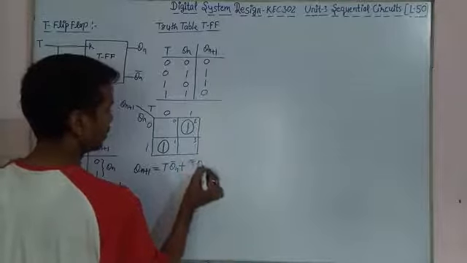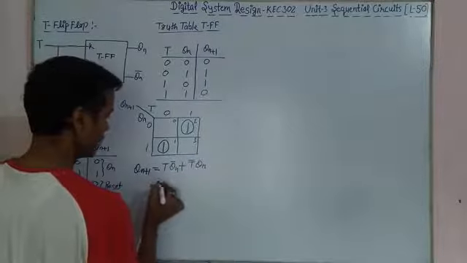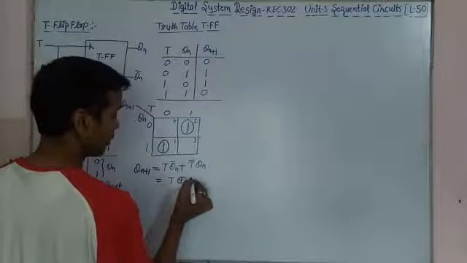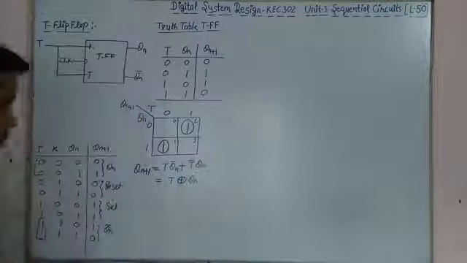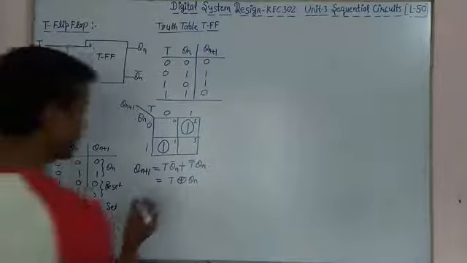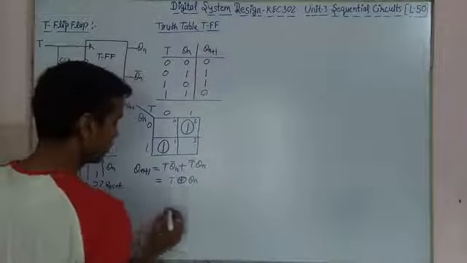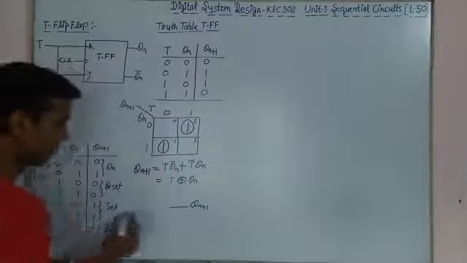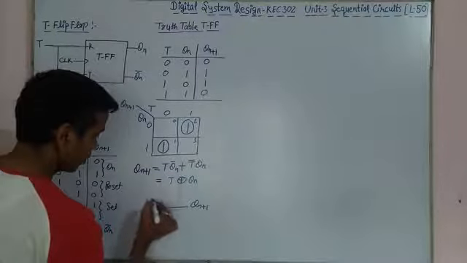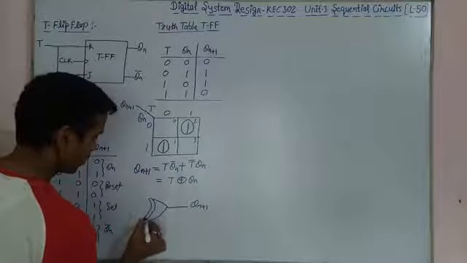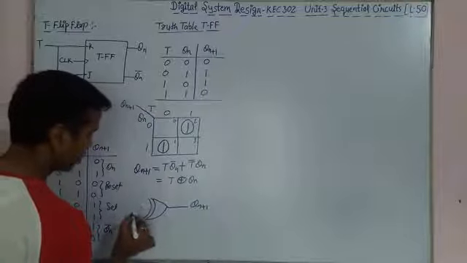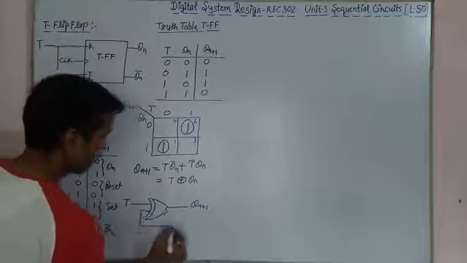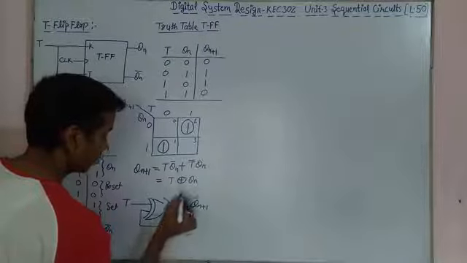T bar Qn. You can say this is nothing but the XOR of T with Qn, and you can implement this: Qn plus 1 is nothing but the XOR of T and Qn.